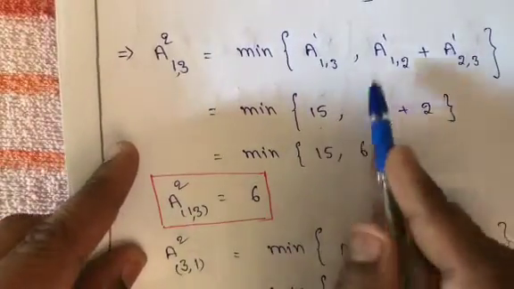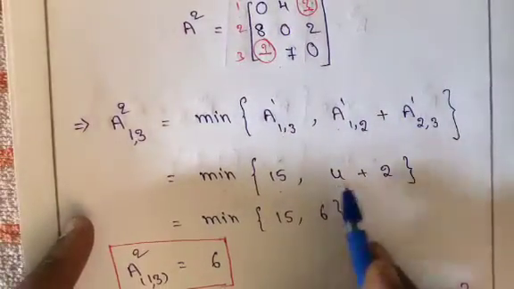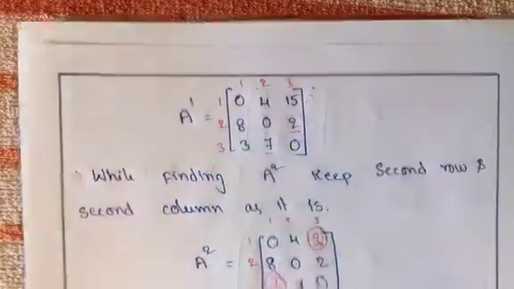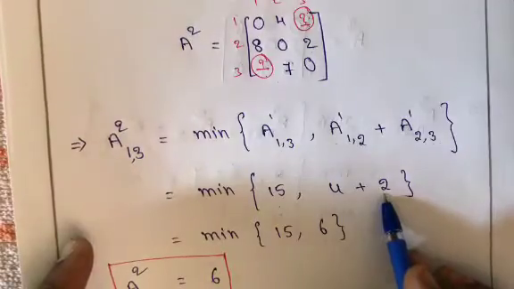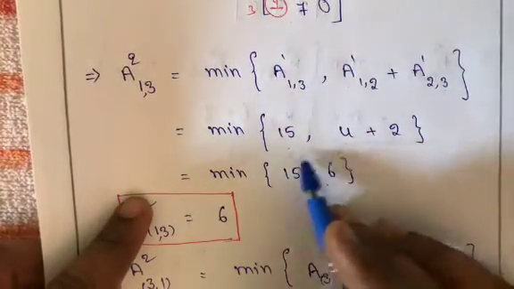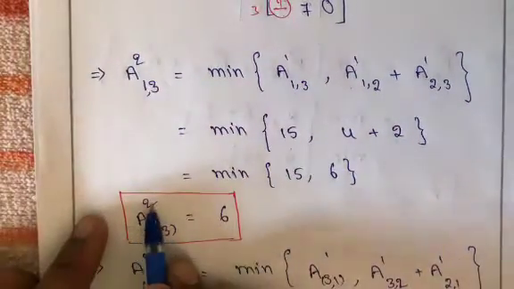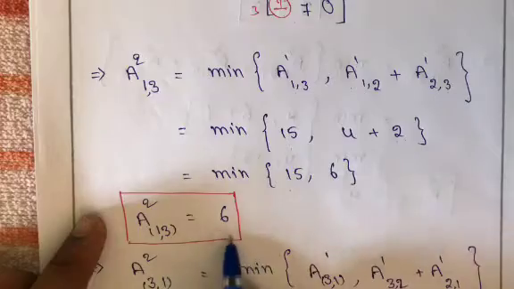A1 of 1 comma 2 is 4. A1 of 2 comma 3 is 2. Therefore 4 plus 2 is 6, and the minimum of these two values is 6. So A2 of 1 comma 3 is 6.